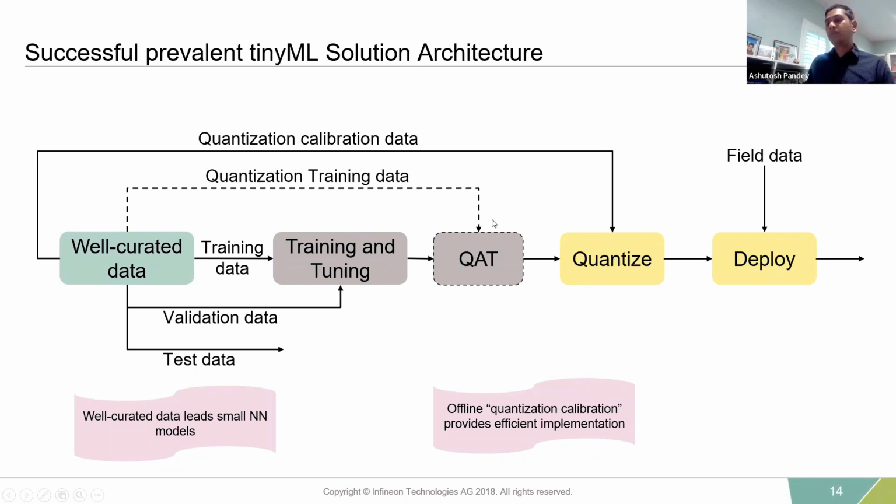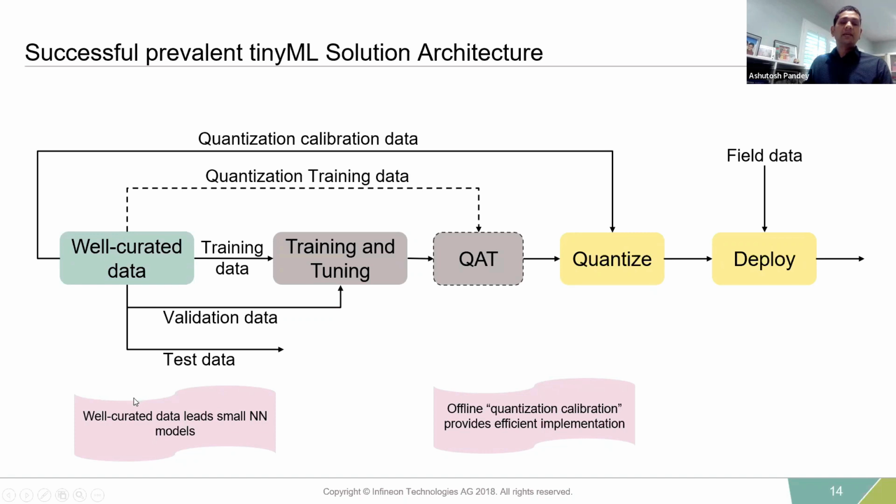The other important piece for tinyML is quantization, which creates models that are friendly for embedded devices or edge devices, and that can be deployed in the field in a closed loop manner and work reliably.